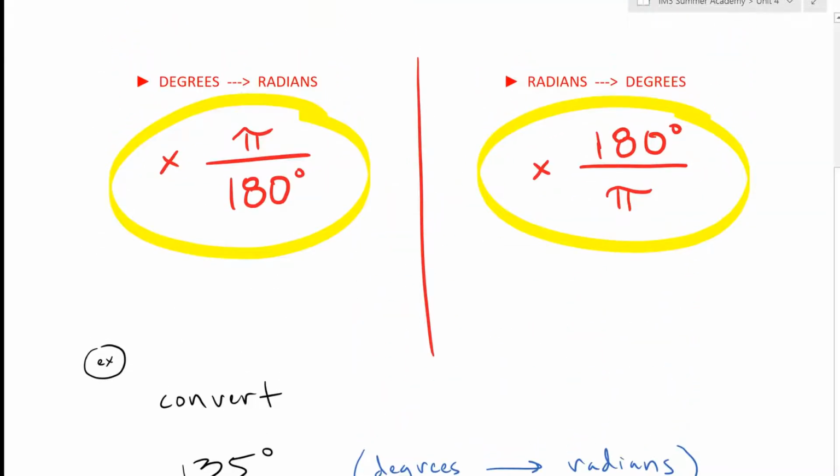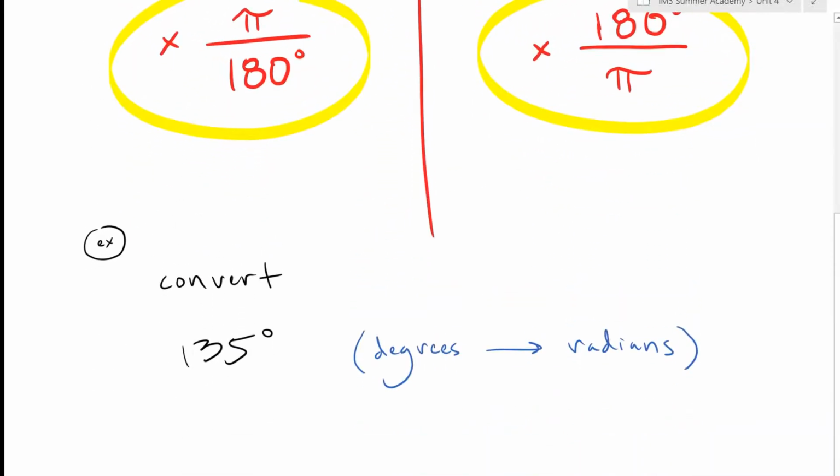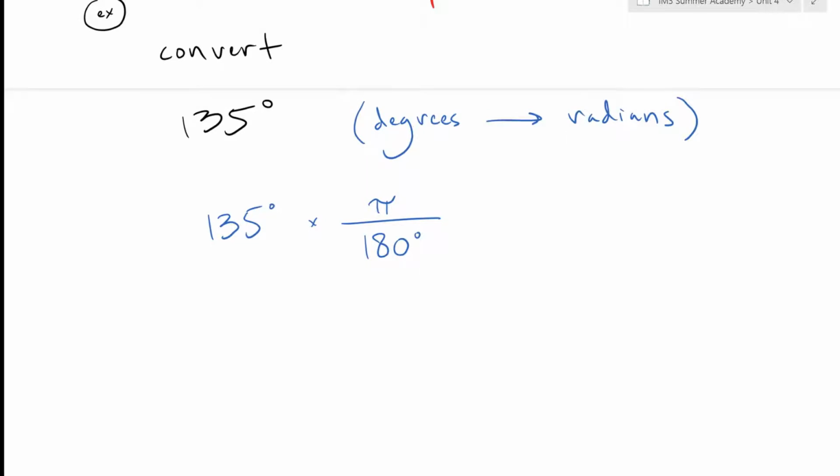We're using this one. It is in degrees. They want us to convert it to radians. I'm going to take whatever I have, 135 degrees, multiply it by pi over 180. So you'll notice there's a degree symbol up here and a degree symbol down there. One on top, one on bottom cancels out, so you know it's not in degrees anymore.